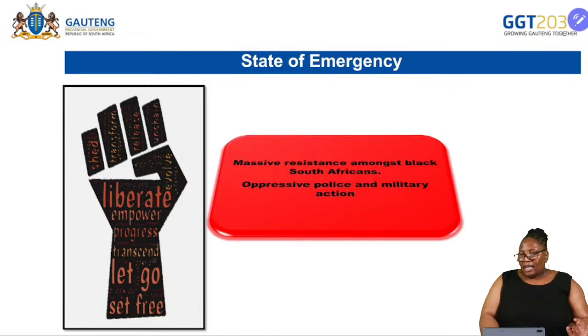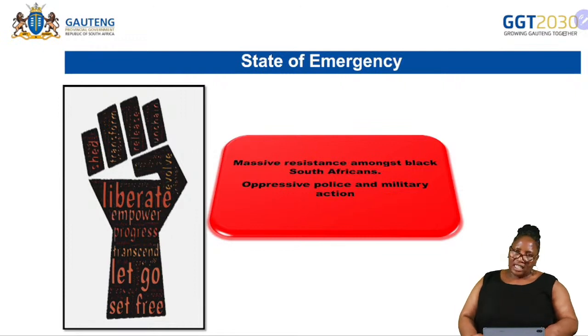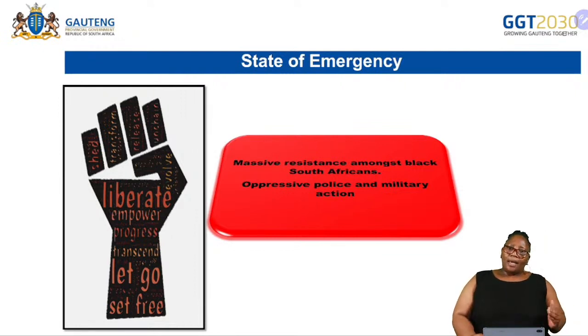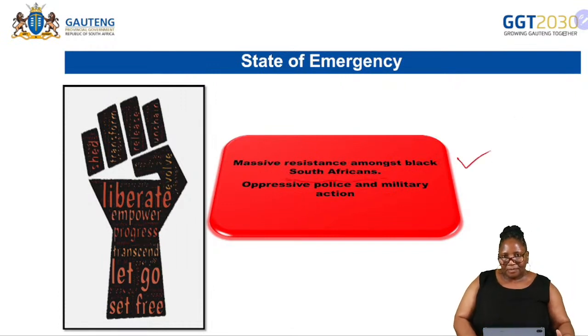During this year, 1985, a state of emergency was passed. Why a state of emergency? A state of emergency was in place because there was massive resistance among black South Africans. Remember, they were now worried they did not have a vote. So what did they do?